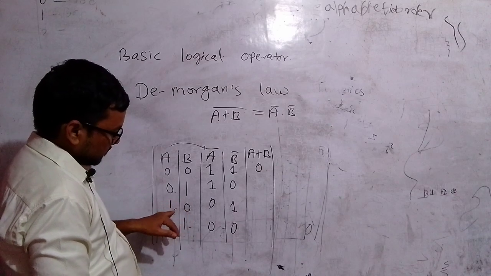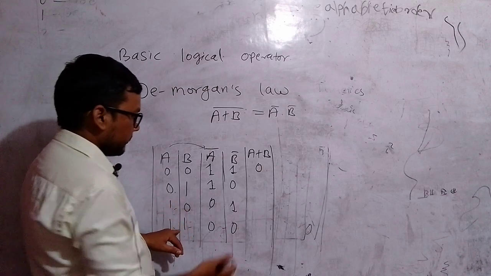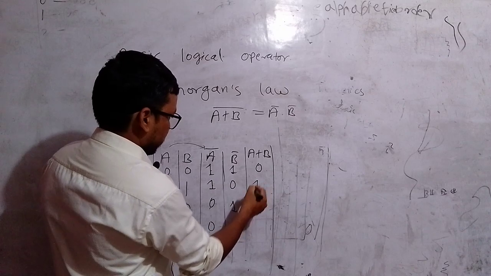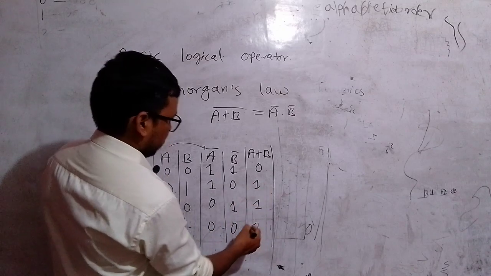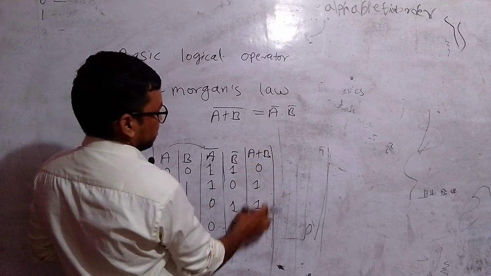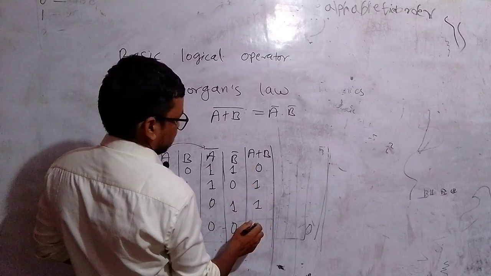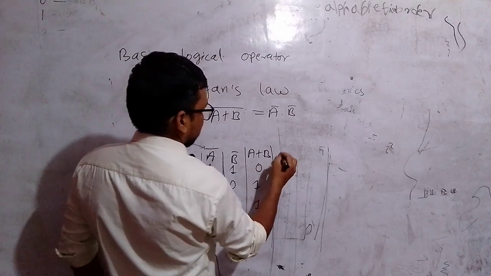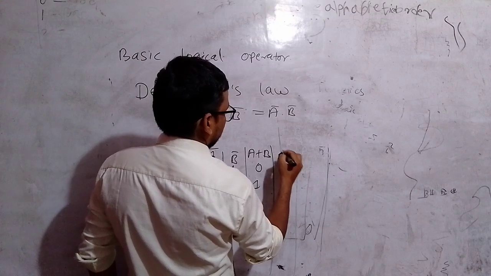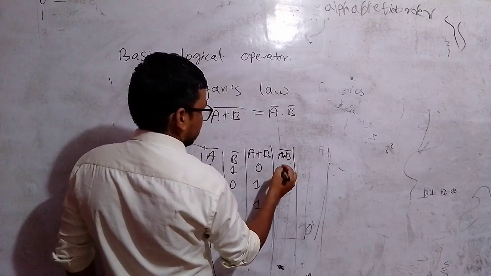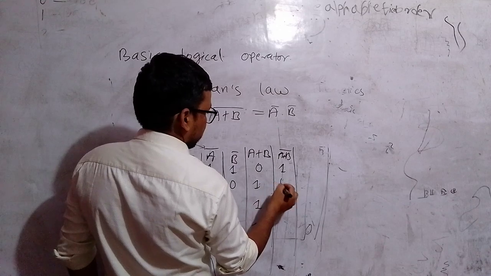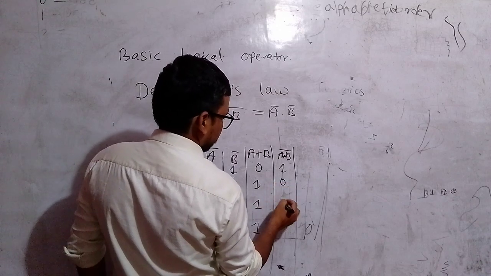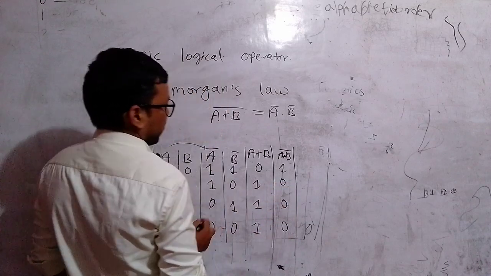The other input combinations contain at least one 1, so the output is 1. Now the complement of this means the negative of this, the NOT operation on this. That means A plus B complement: this 0 changes to 1, and the 1s change to 0.